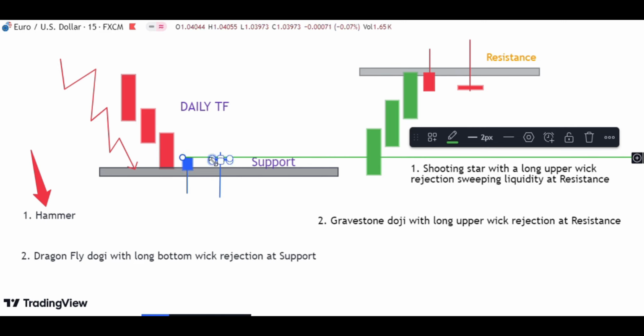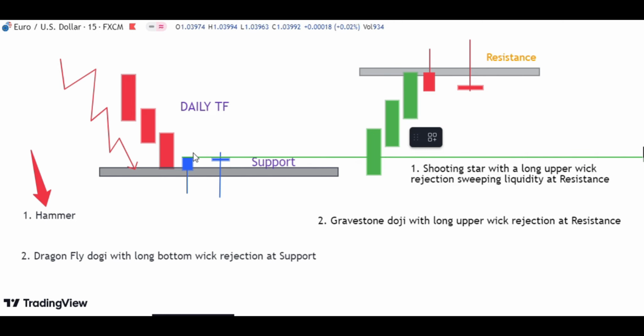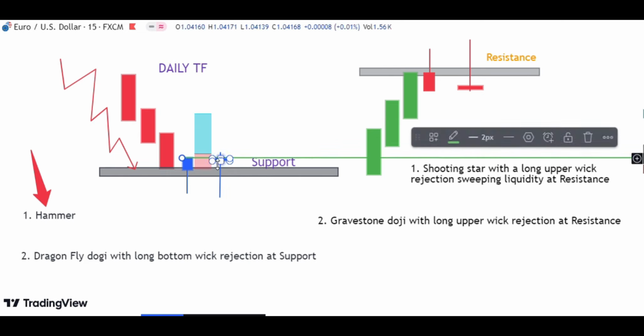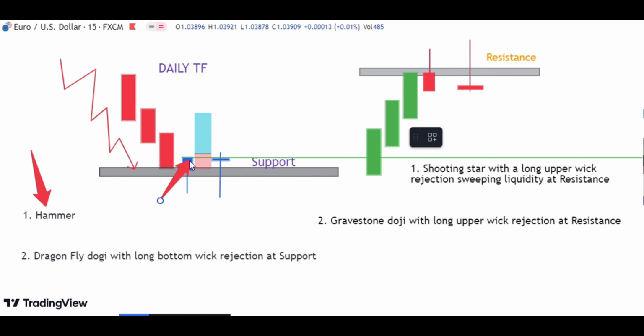You mark it out with a line like that, and then you go to your 15 minutes time frame the next day, and you look for candlestick confirmations like a bullish engulfing candle or 3 white soldiers on your 15 minutes time frame or 5 minutes time frame, or a hammer. So you place your trade after confirmation on lower time frames, 15 minutes time frame entry.